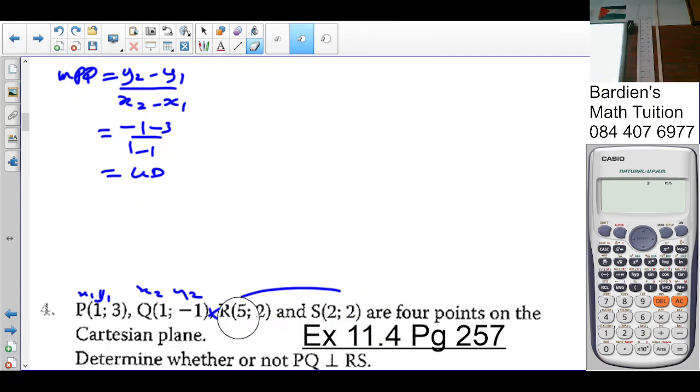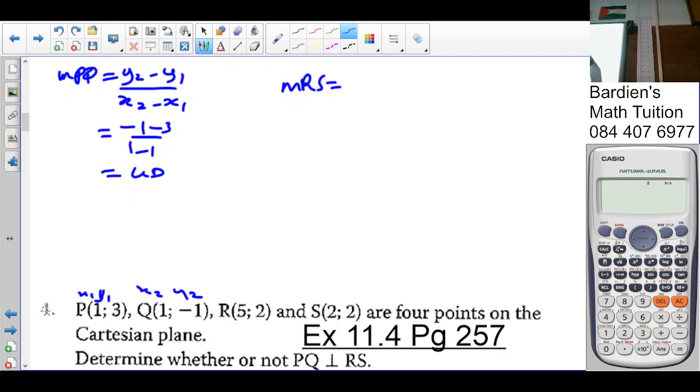So let's check. We have the gradient of RS. Again, y2 minus y1 over x2 minus x1. So it's going to be 2 minus 2 over 2 minus 5, 0 over minus 3, which is 0. So are they perpendicular? This is the special case, not so?